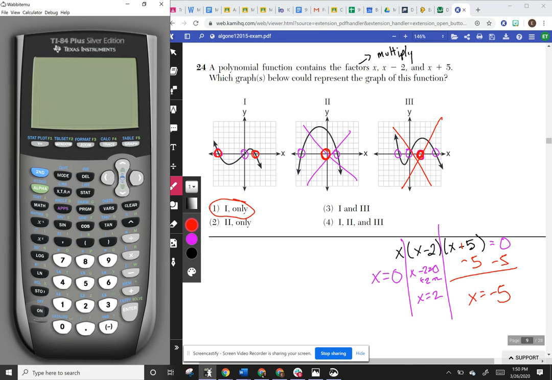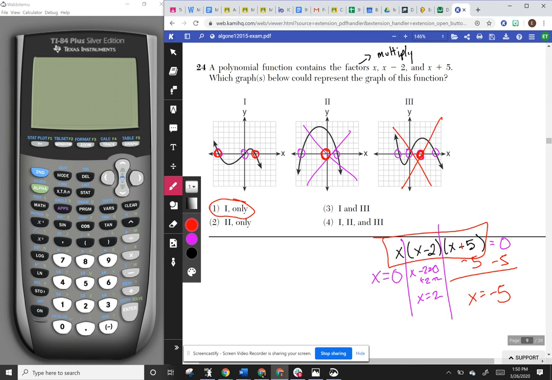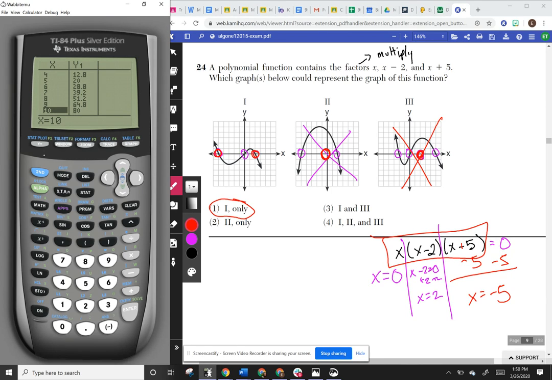And this was another question you could have done on your graphing calculator once you rewrote it like I did down here. So you go to y equals and you type that in. X times x minus 2 times x plus 5. Go to graph.